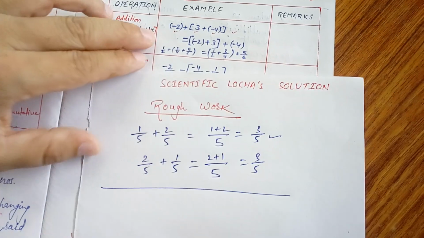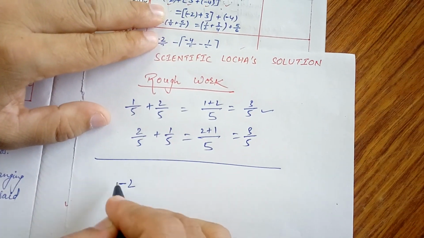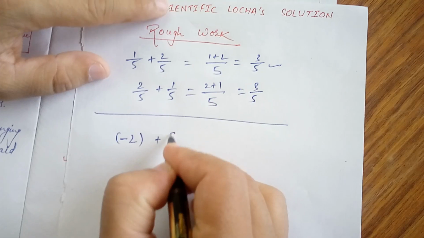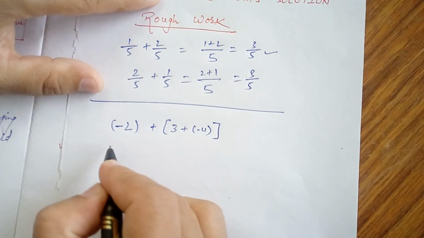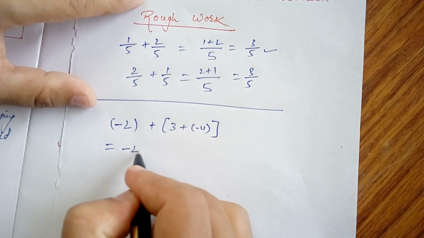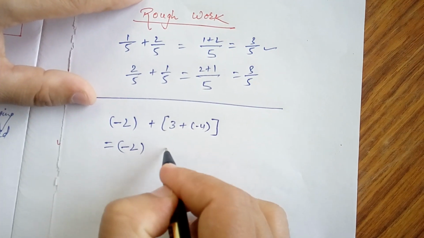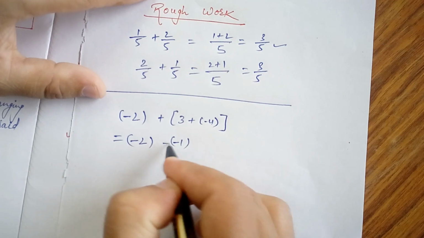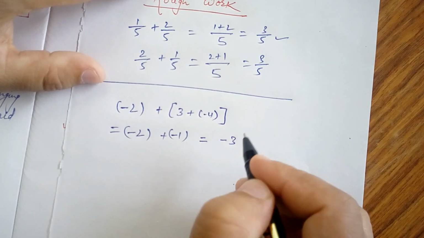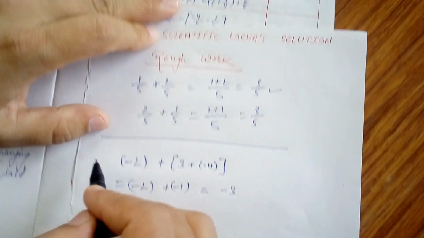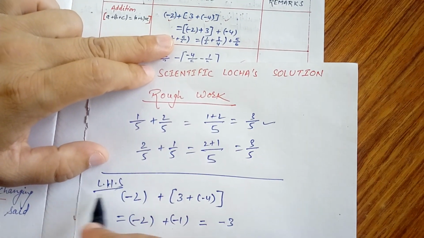So I am taking the example -2, and 3 and -4 are taken together. When we add, 3 and -4 will give -1. -2 and -1 added together will give -3. This one was LHS.